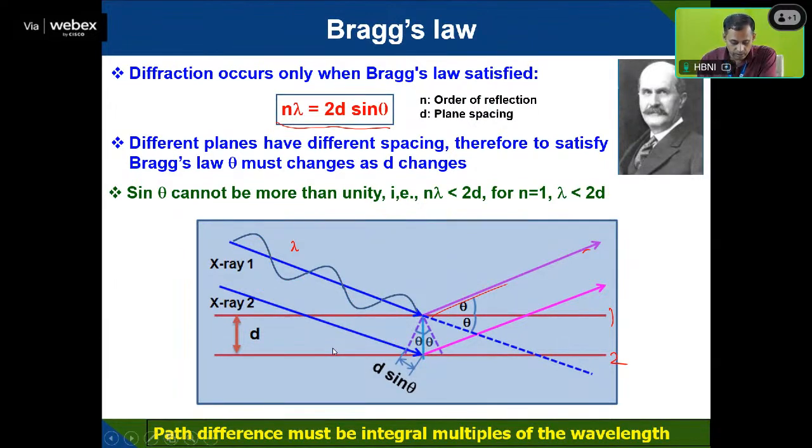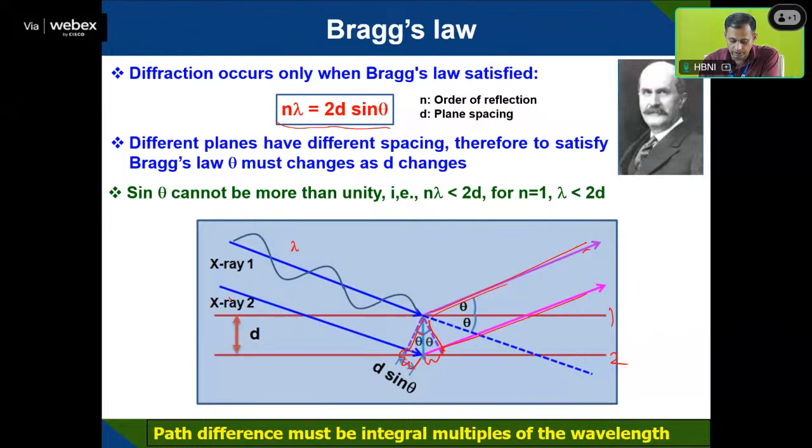If you draw a perpendicular from here to here, with this angle theta, this is the extra path length. From here to here the distance is the same, and again from this to this, the distance traveled is the same.